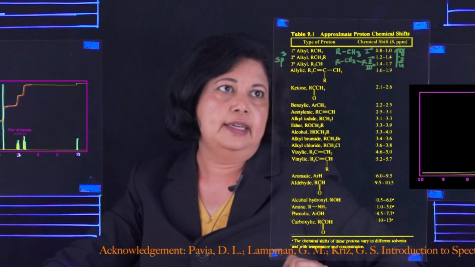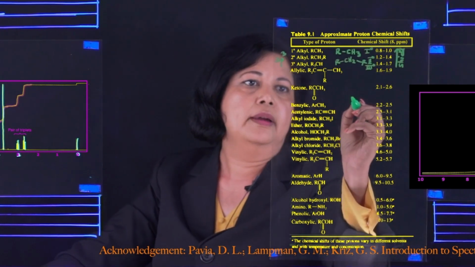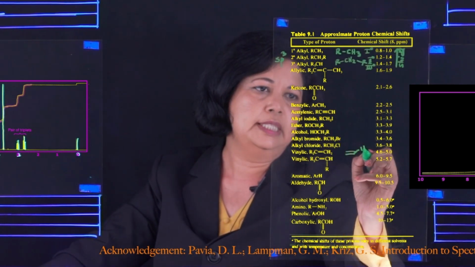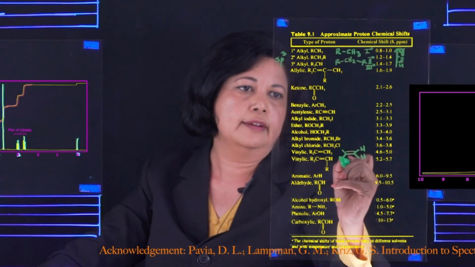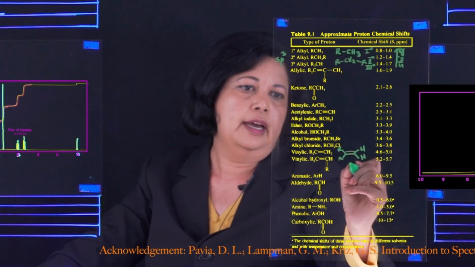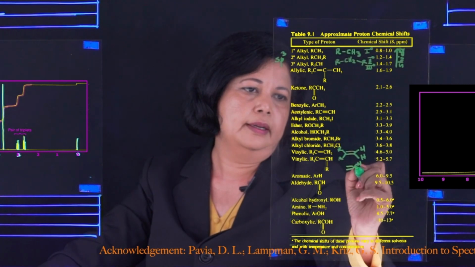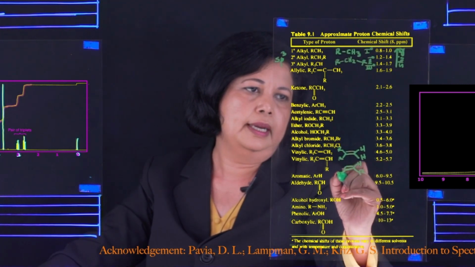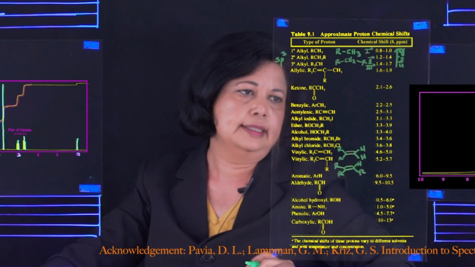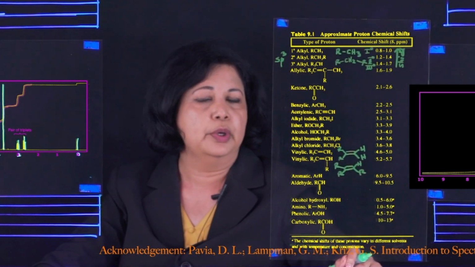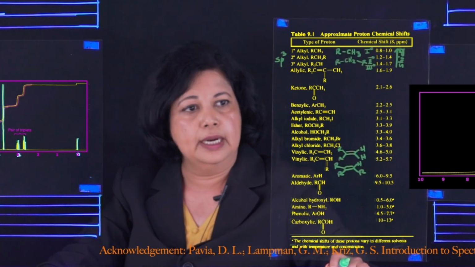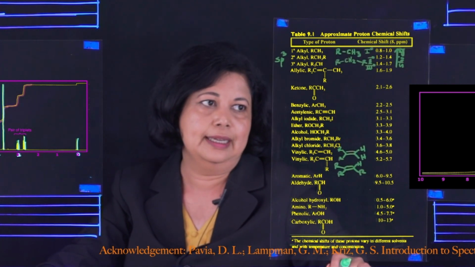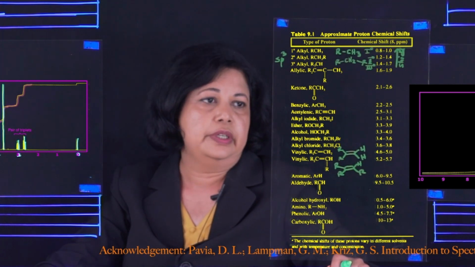If you have a double bond, sp2, these hydrogens are typically about 4.6 to 5. And if you have a double bond with a hydrogen like this, it can go to 5.2, 5.7. You can go up to 6.5 sometimes for vinylic hydrogens. So those are very, very de-shielded.